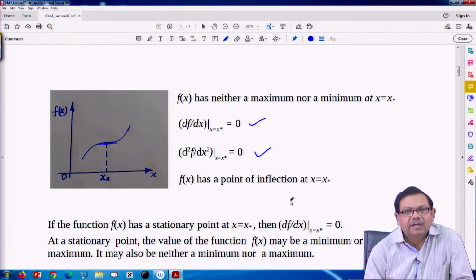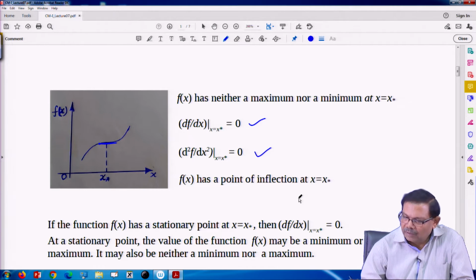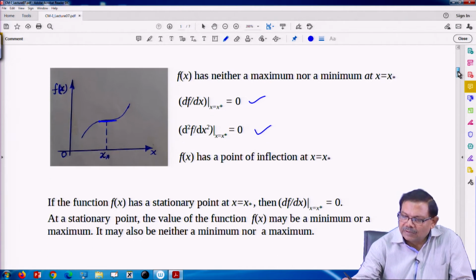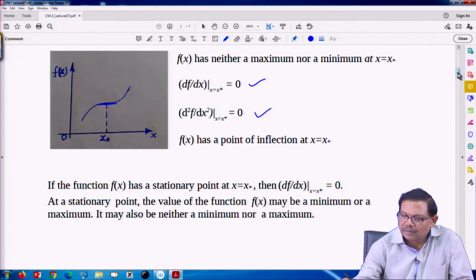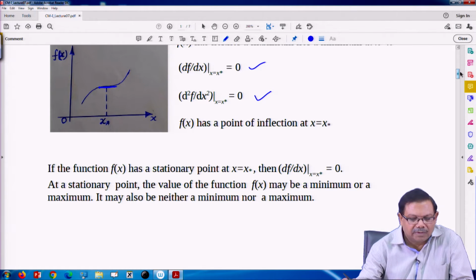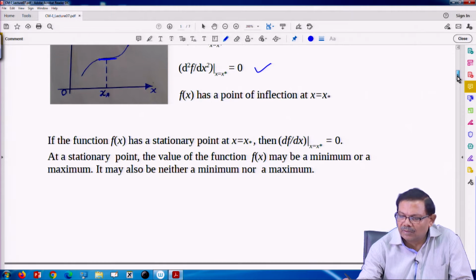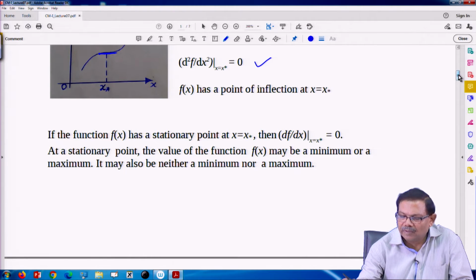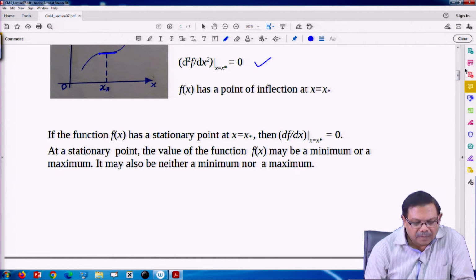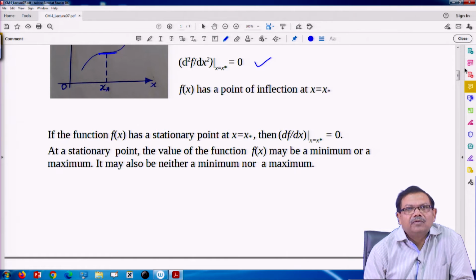However, it is neither a minimum nor a maximum. In all three cases, where the curve may have a minimum, a maximum, or a point of inflection, we say the function f of x has a stationary point at x equal to x star.